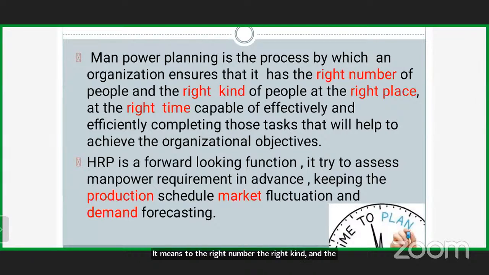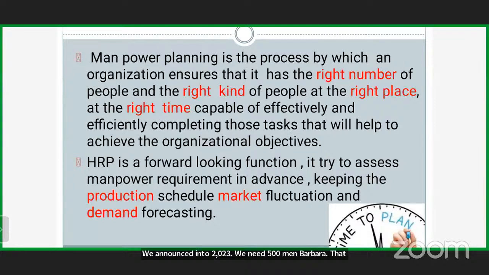In 2023, we need 500 manpower, that is the right number.